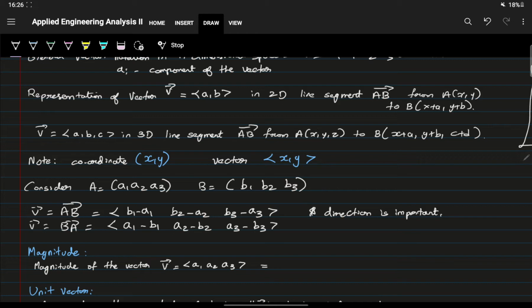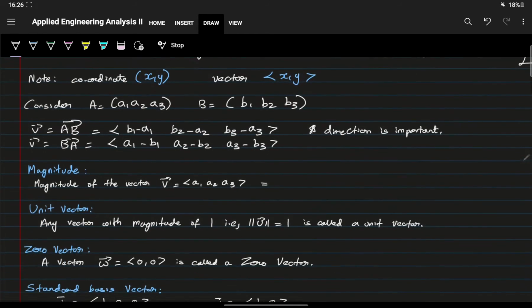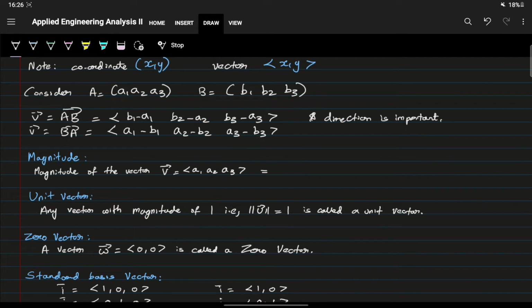Please note that direction is important while calculating a vector from a given coordinate system. Now, the magnitude of a vector V (A1, A2, A3) can be given by square root of A1 square plus A2 square plus A3 square.